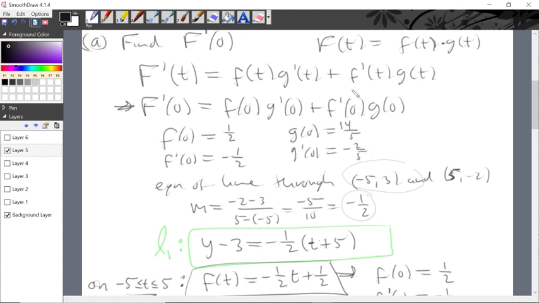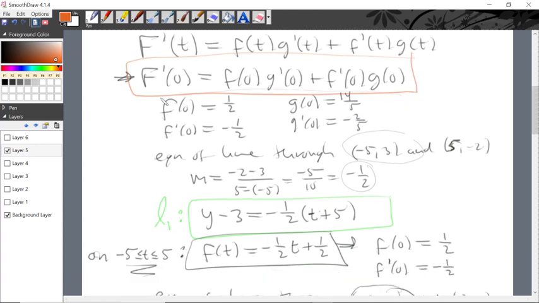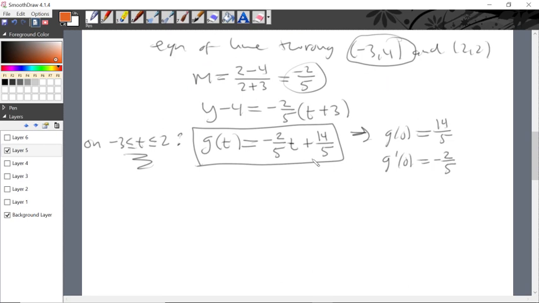So now, f prime of 0 was this formula right here. Now we can plug in the 4 quantities we found and determine what f prime of 0 is, finally.